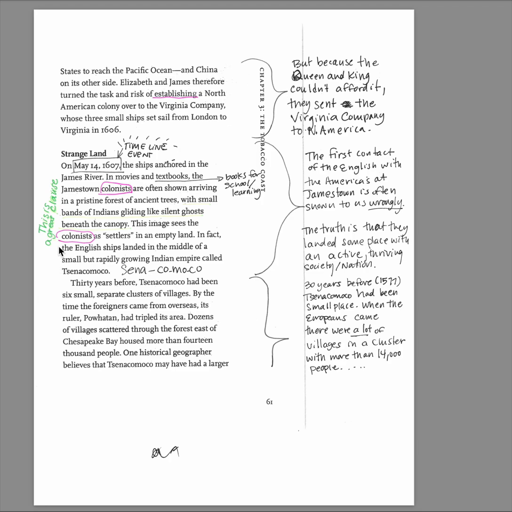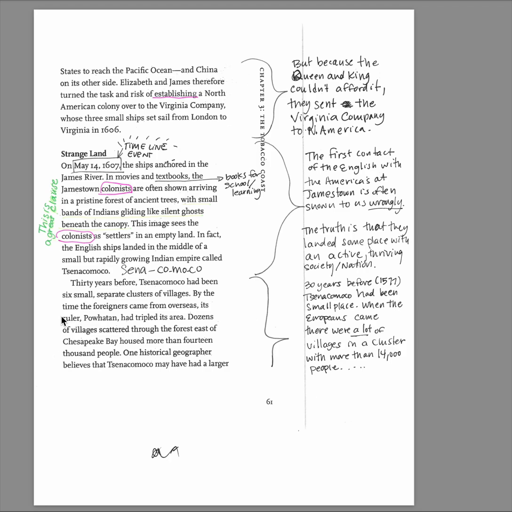In fact, the English ships landed in the middle of a small but rapidly growing Indian empire called Sinacomico. Thirty years before, Sinacomico had been six small, separate clusters of villages. By the time the foreigners had come from overseas, the ruler, Powhatan, had tripled its area.